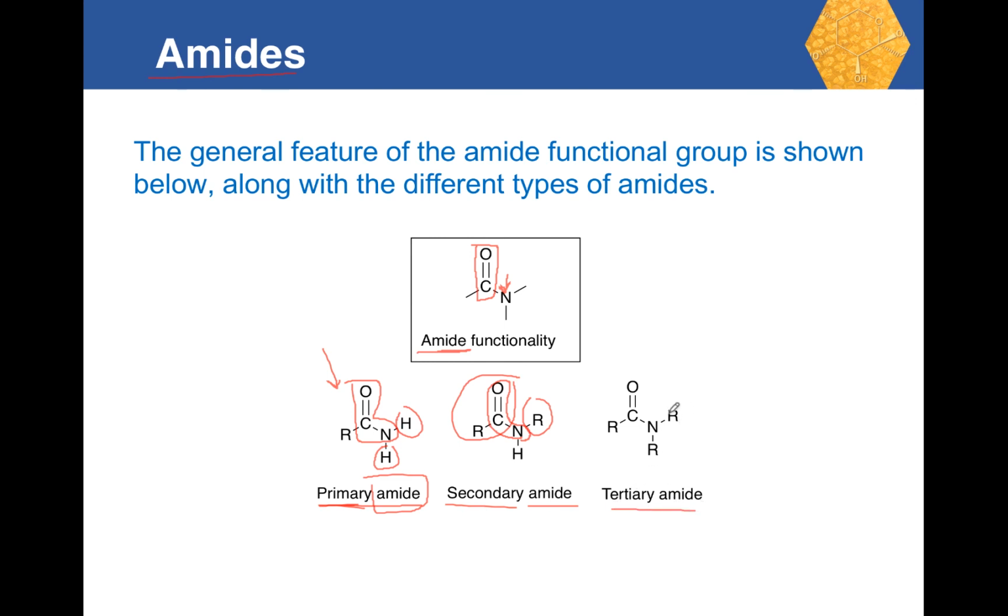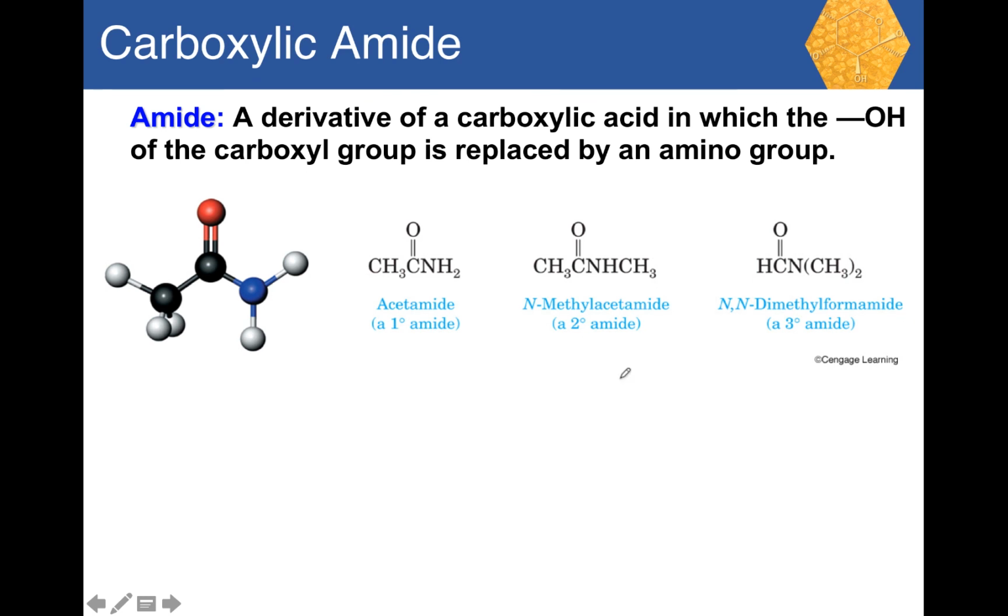Tertiary because this nitrogen here has 1, 2, and 3 groups bonded to that nitrogen, but it's also an amide because it has that feature to it, so it's described as a tertiary amide. So you should be able to look at an amide and tell if it's a primary amide, a secondary amide, or a tertiary amide. Here are some examples.